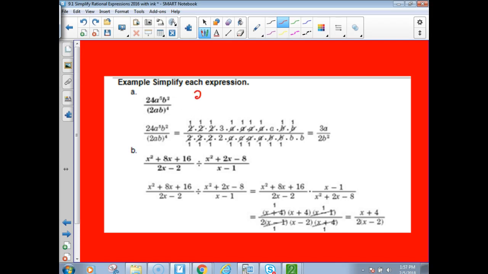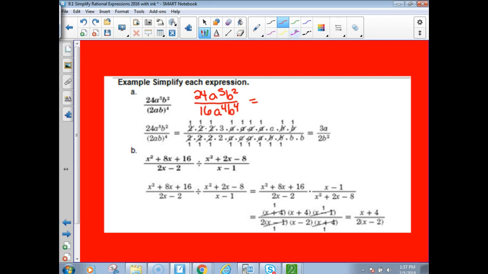We have learned our exponent rules, so if we have 24 a to the 5th b to the 2nd in the numerator, the denominator I would simplify by doing everything to the 4th power inside there using the power rule. 2 to the 4th would be 16, a to the 4th, b to the 4th.